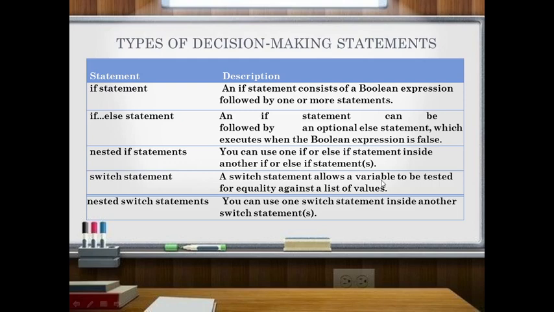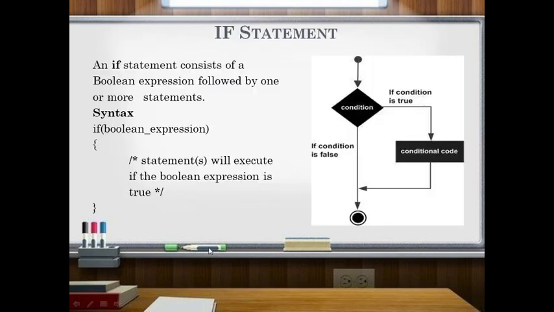If it matches the list, then those statements are executed. And nested switch: you can also use one switch inside another switch. These are some of the types of decision making statements.